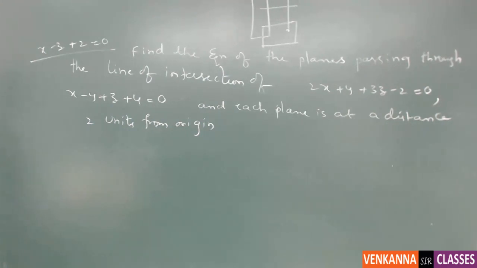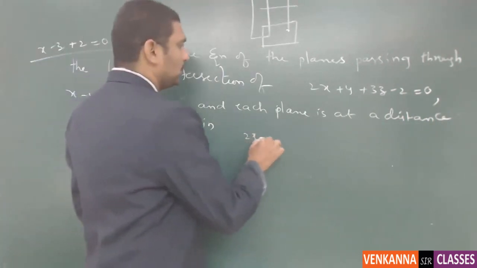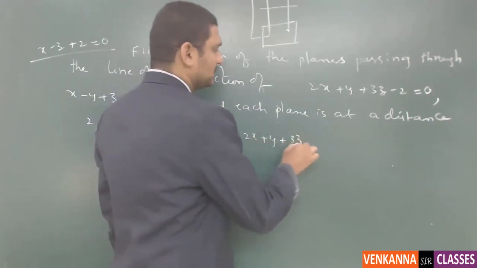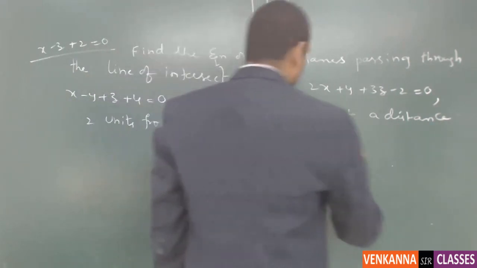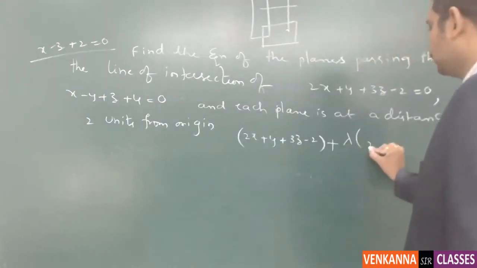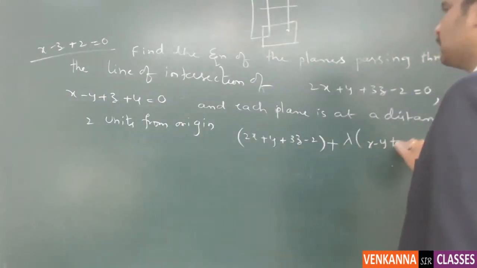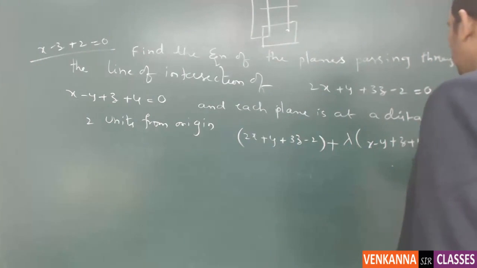So first of all, let us apply pi 1 plus lambda pi 2 equal to 0 here. So you have 2x plus y plus 3z minus 2 plus lambda into x minus y plus z plus 4 equal to 0.